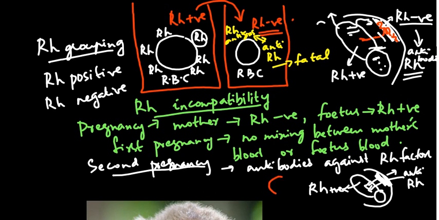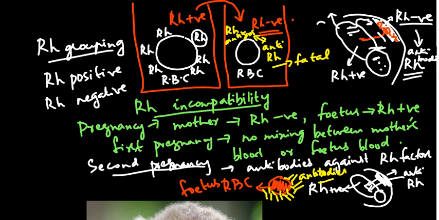baby's RBC, or the fetus RBC, and the antibodies of the mother. The antibodies of the mother will clump onto the RBCs of the fetus.